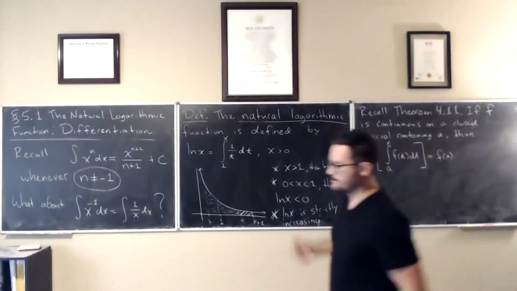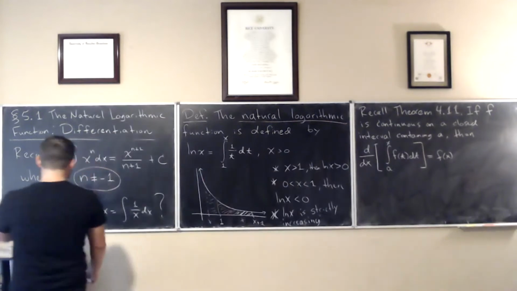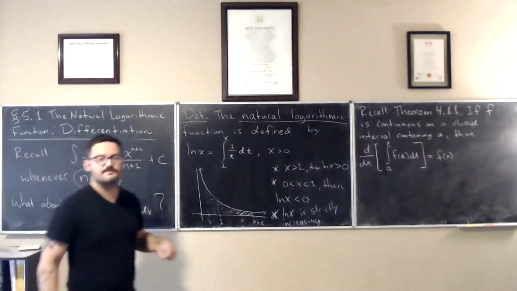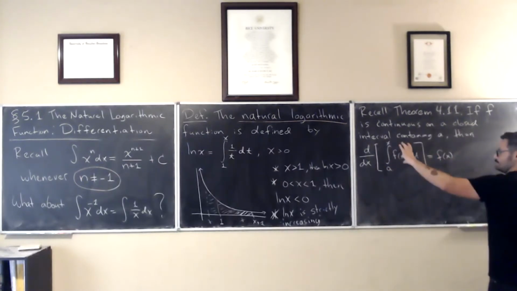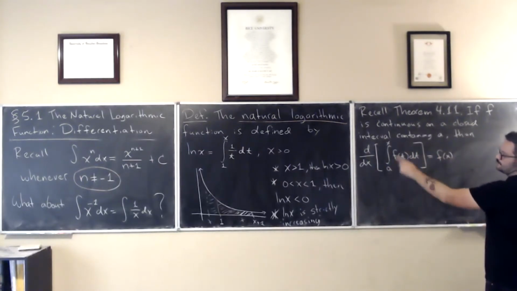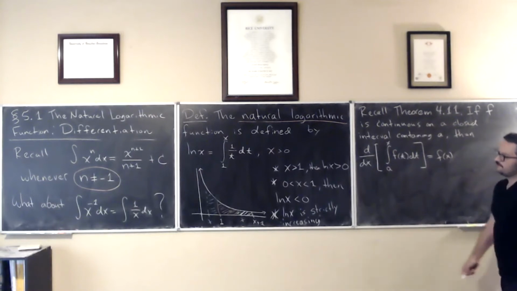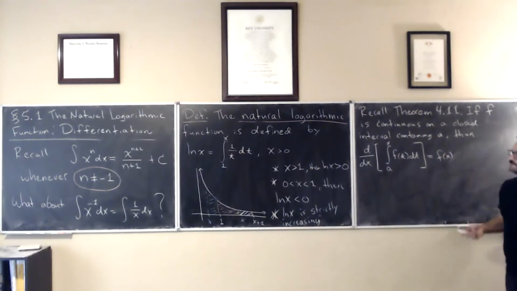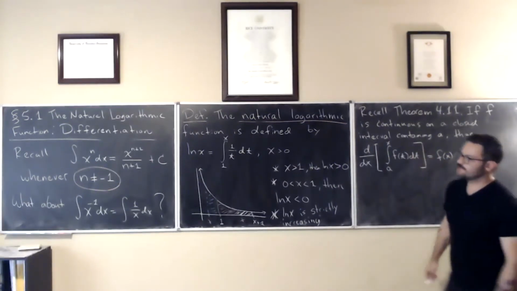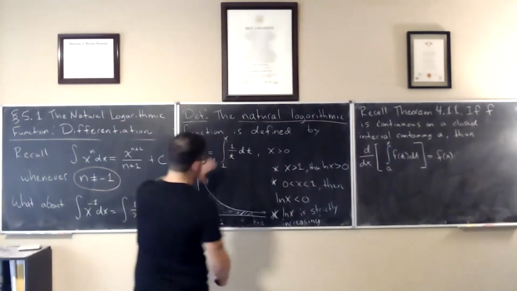So this is another way of stating the fundamental theorem of calculus that you would see in a Calculus 1 course. We have a definite integral from a to x. x is the variable here. If we take the derivative of this with respect to x, we get the function evaluated at x. So here we have something very similar, right?